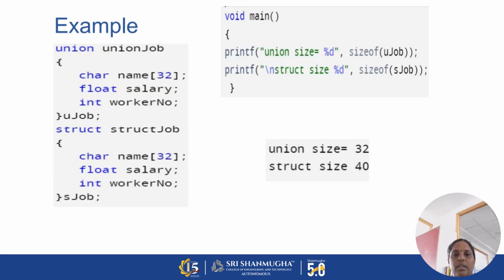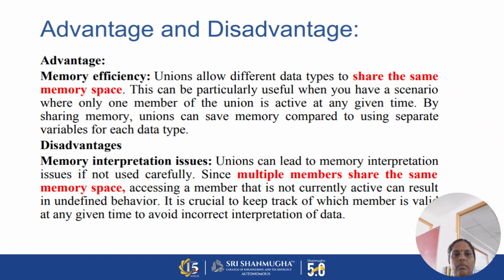So we take the union size to be 32 and it can be shared by salary as well as worker number. But in union only one member can be active at a time. The advantage of using union is memory efficiency since it shares the memory, whereas the disadvantage is misinterpretation, because only the member that is currently active gives a valid result, otherwise it will give a default answer or garbage value.